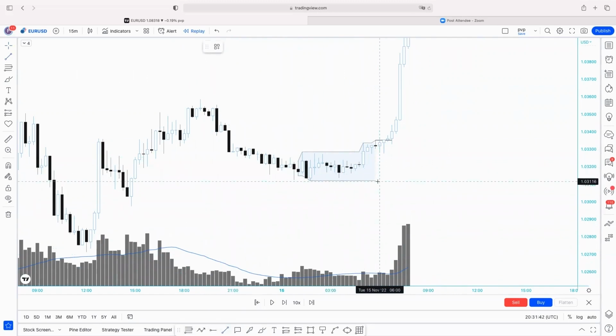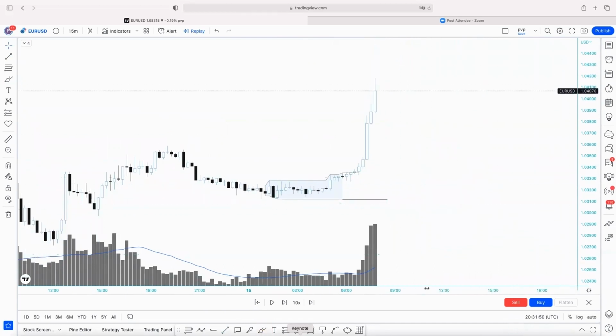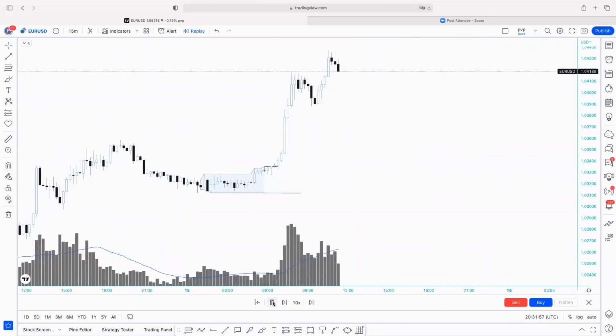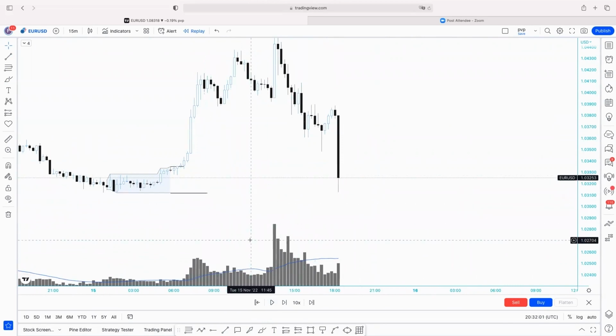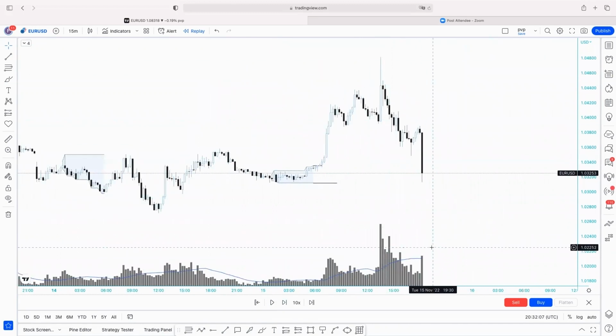So Asian range liquidity, where we have liquidity both above and below the Asian range. Just to show you some examples before starting to backtest, we might notice that on most of the bullish days, I'm not saying on all of them, but on most of the bullish days, we will manipulate to the downside in order to continue to the upside, and vice versa. On most of the bearish days, we will manipulate to the upside in order to continue to the downside.